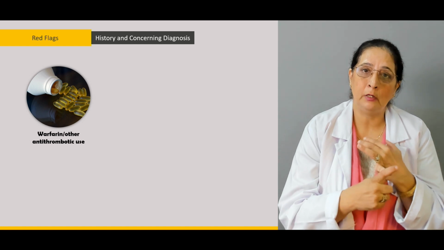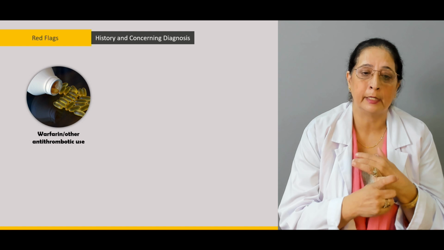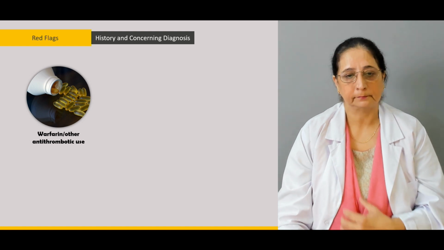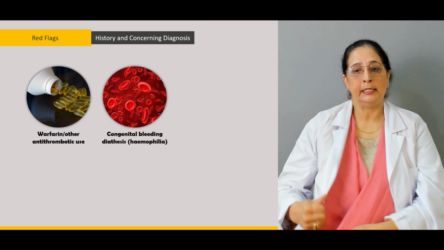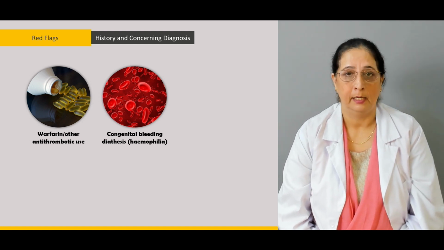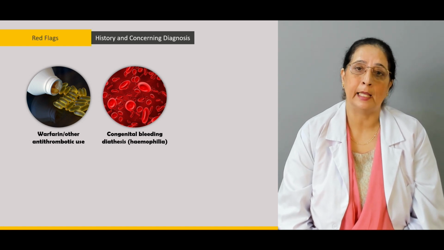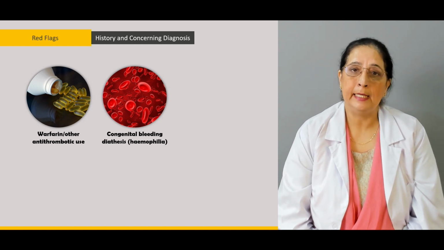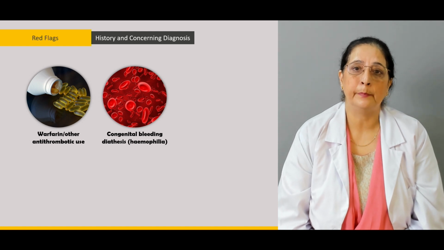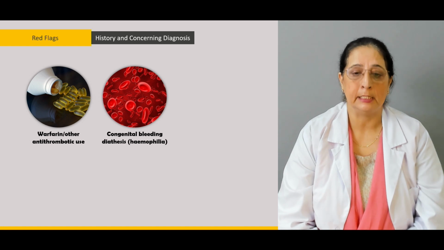So history of warfarin or anti-thrombotic use. Then the congenital bleeding disorders like hemophilia. If a patient has a history of congenital bleeding like hemophilia, again these are patients who are prone to bleeding disorders.